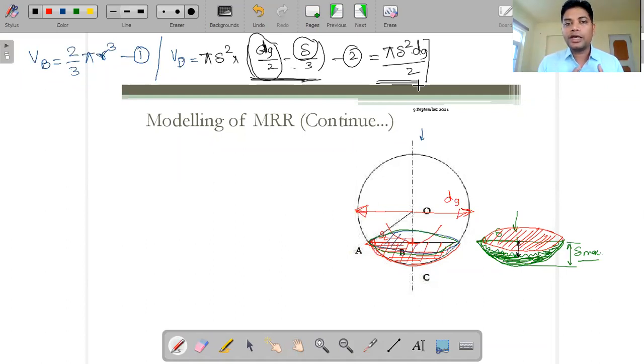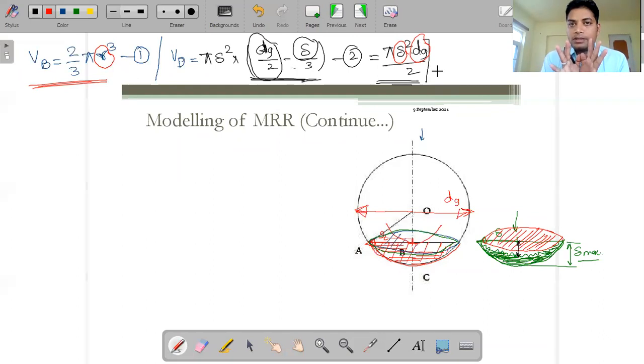Now we are going to calculate the material removal rate. If you see in this equation, when we talk about the brittle material, the equation is in terms of small r, that is the radius. And if we talk about the ductile one, the equation is in the form of delta or dg. Here r is the radius and dg is the diameter.